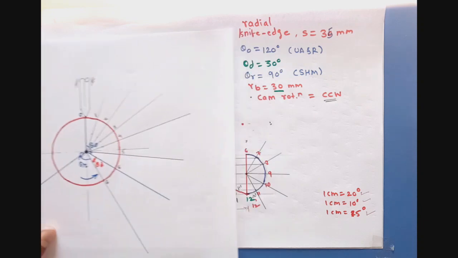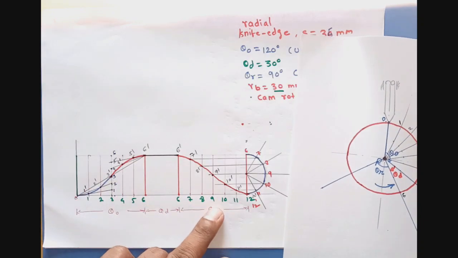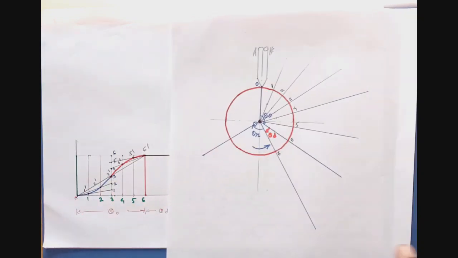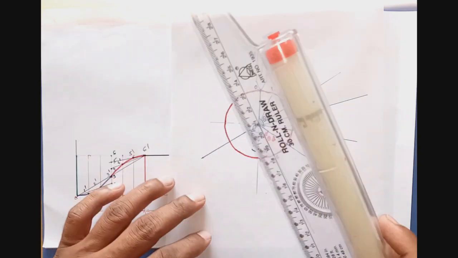Now we have divided the return stroke into 6 equal parts. So here also we will divide the return stroke angle into 6 equal parts.